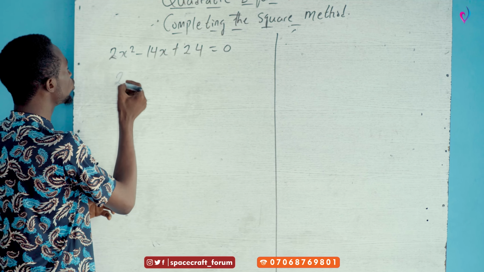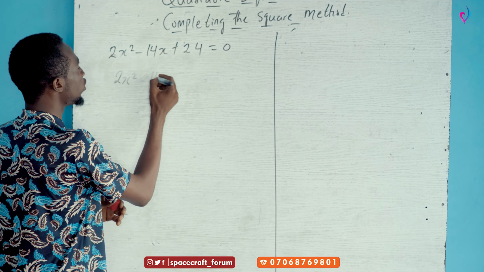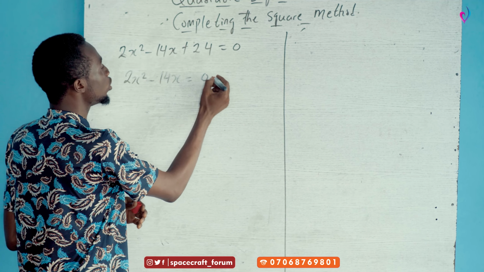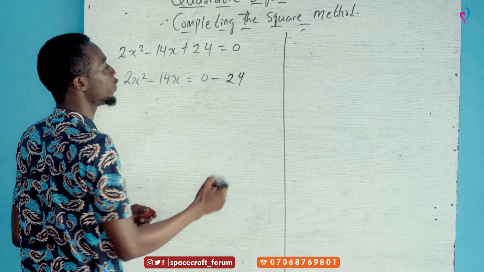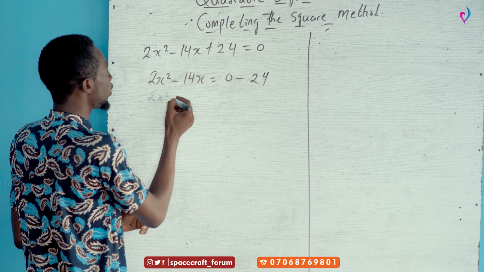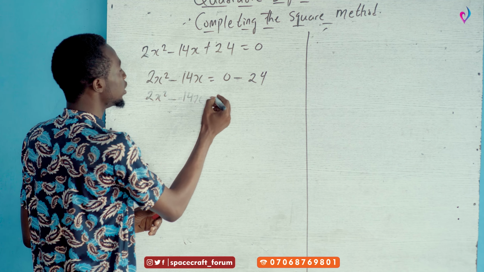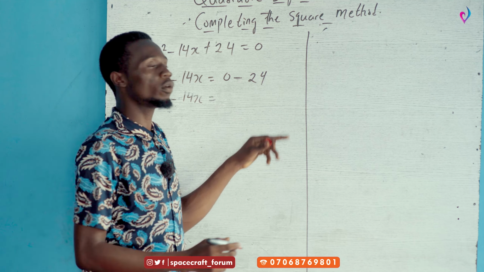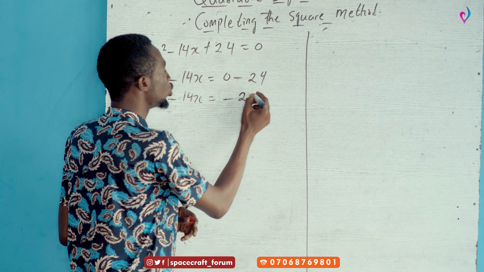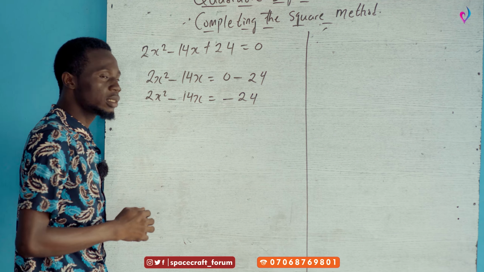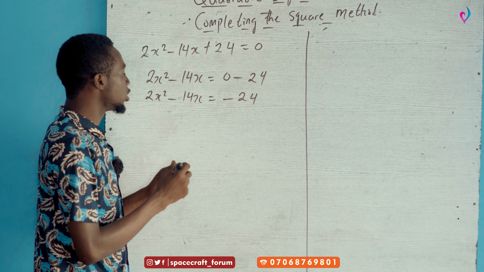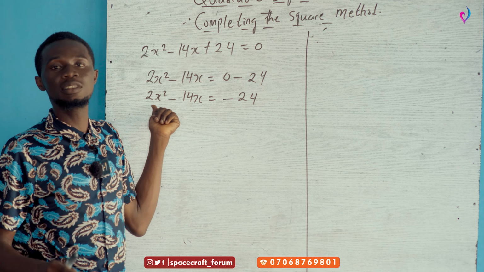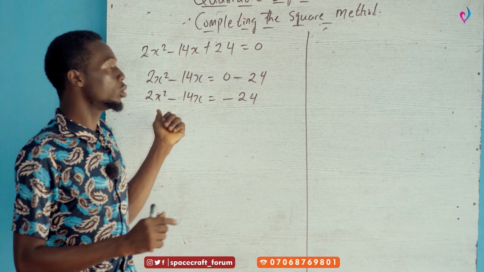So we can easily move this constant to the right hand side. From here we have 2x squared minus 14x is equal to 0 minus 24, which is minus 24. I said that anytime you are working with a quadratic equation, the number in front of the highest power must be 1.